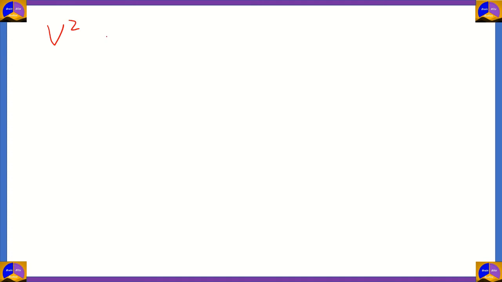In order to find the actual velocity, we can write the square of the actual velocity as the sum of the squares of vx and vy. So v squared will be equal to vx squared plus vy squared. Let's plug in the values.